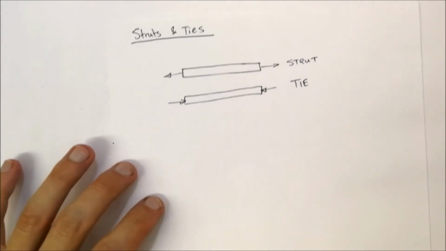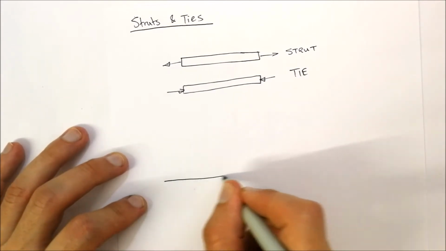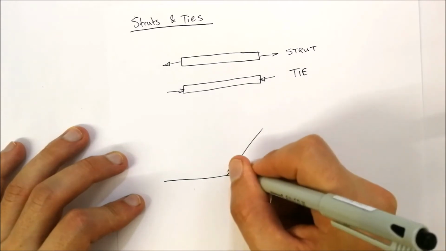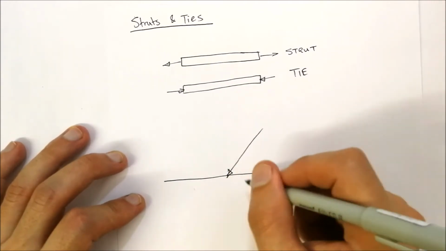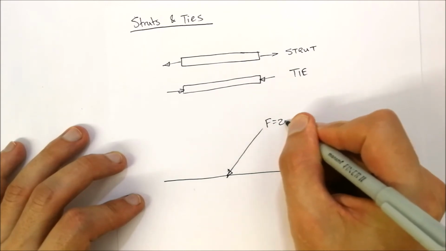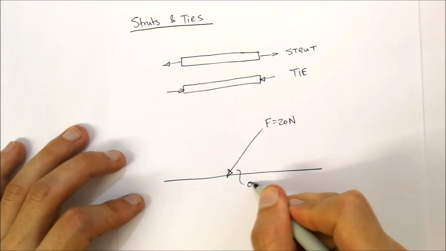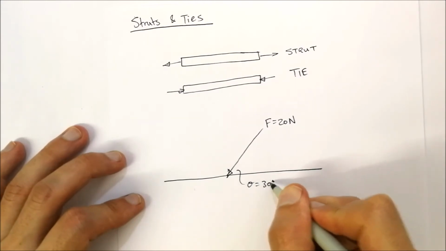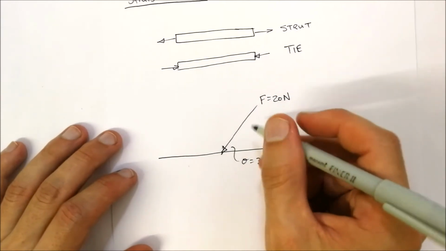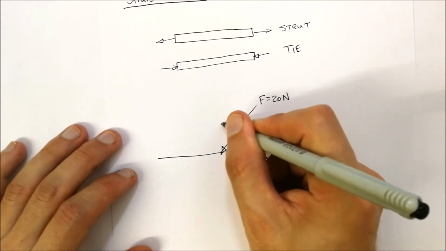Another thing we just need to look at, it's probably more of a revision, is that if you should have some force acting down on that specific point, and let's say the force is equal to 20 newtons, and that angle is equal to 30 degrees, then you're going to have horizontal components and vertical components.